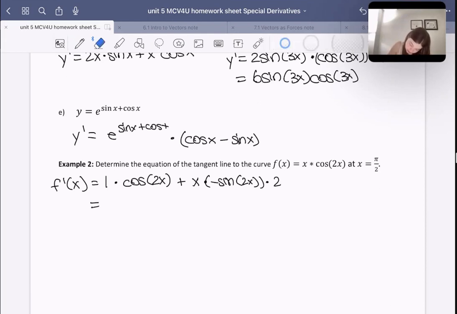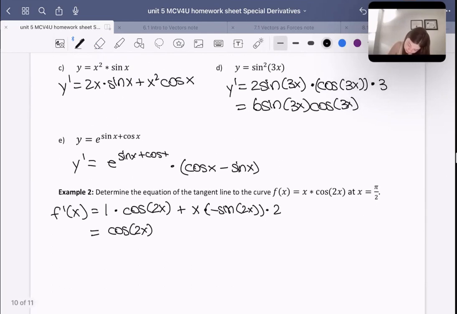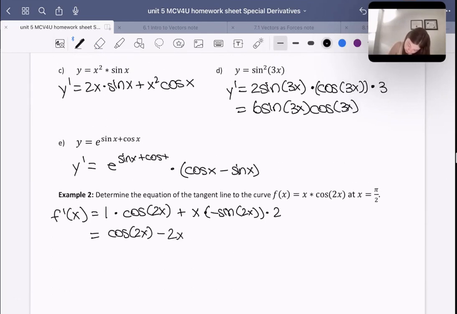So that's equal to cos 2x minus 2x sine 2x, just like that.